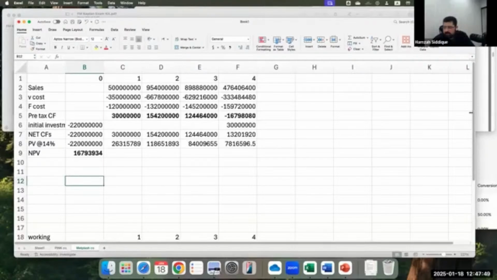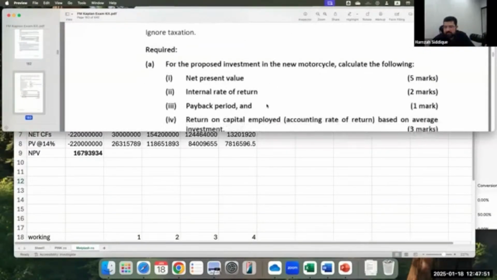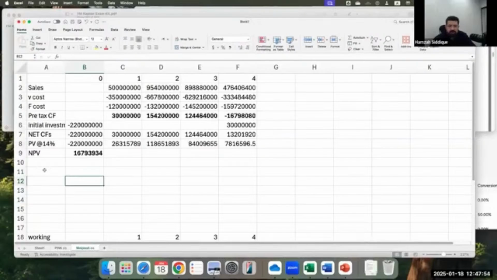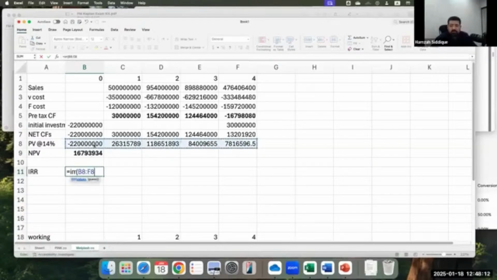The next requirement of the question is that you need to calculate IRR. Very easy to calculate IRR. Remember the formula I have taught you. That is to be utilized in section A and B of the paper. Here, very easy. You will utilize in section C the simple IRR formula and select all. This net cash flows.